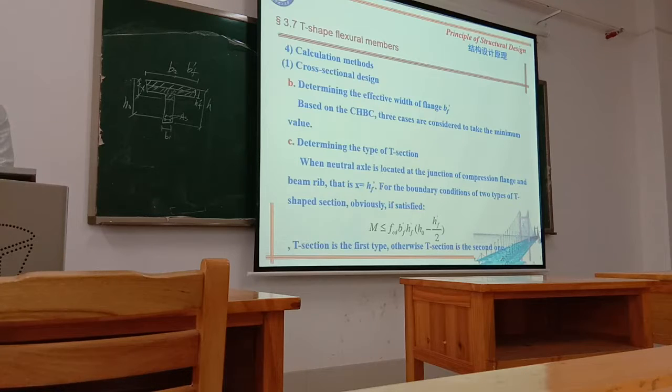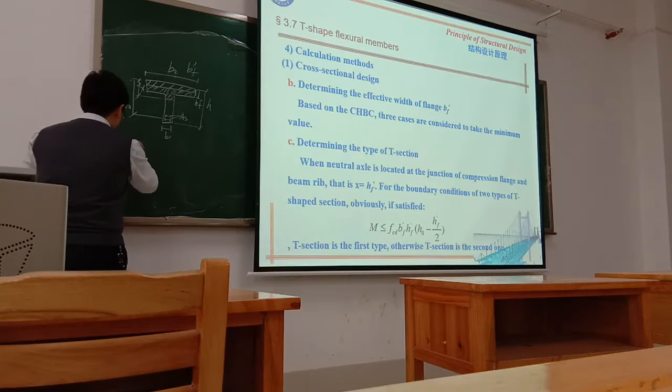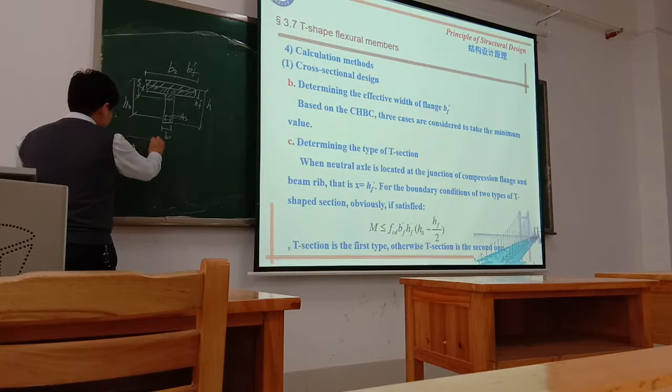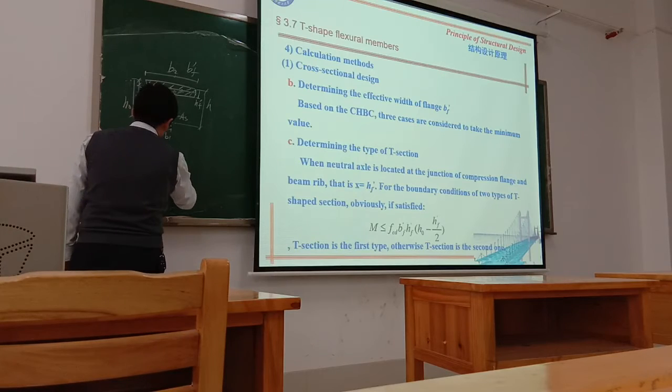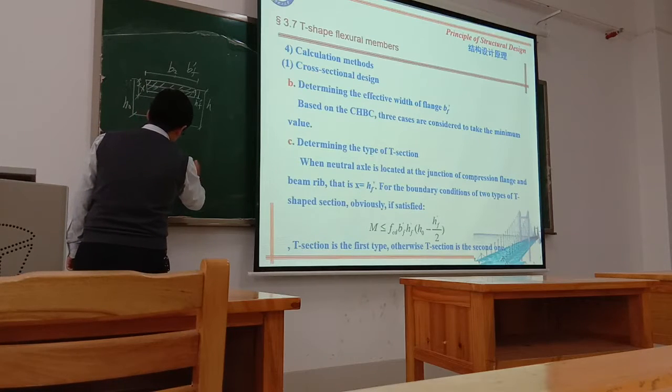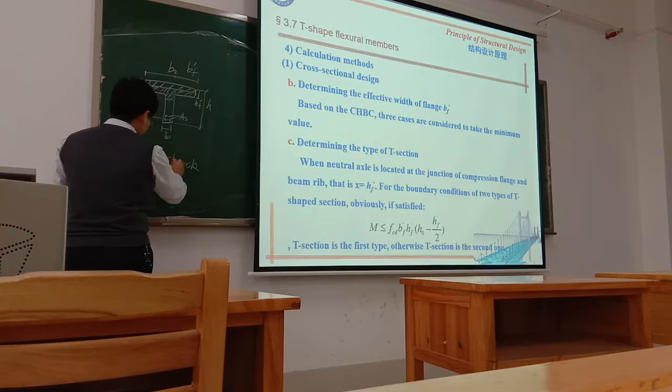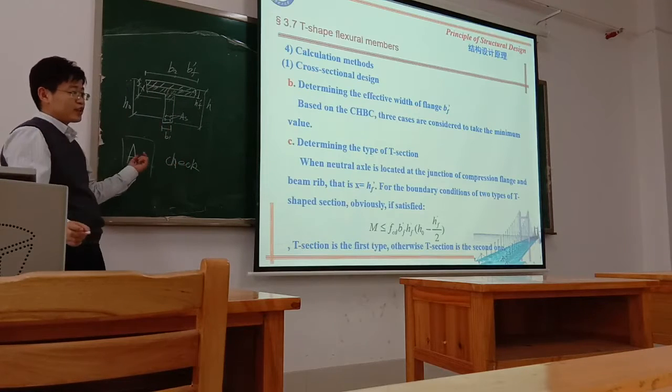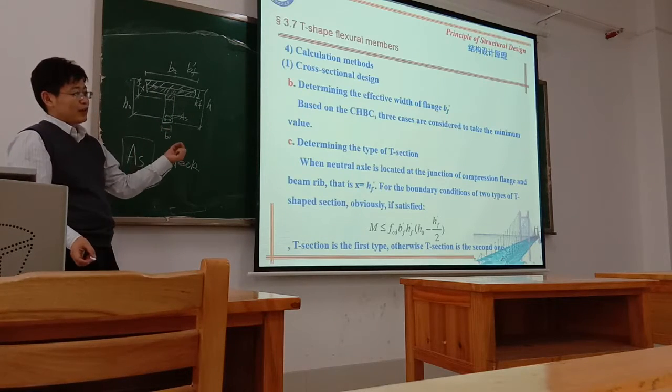And then you should remember, once we have AS, the area of the reinforcement, when we check the design, we use another equation to determine whether it's type 1 or type 2.